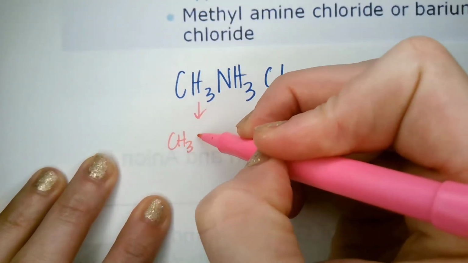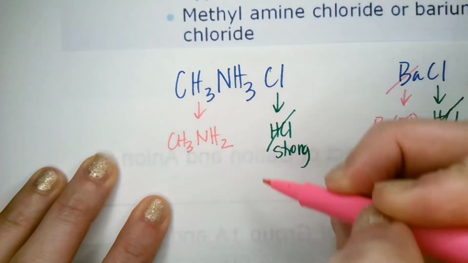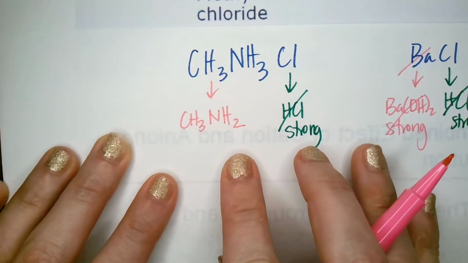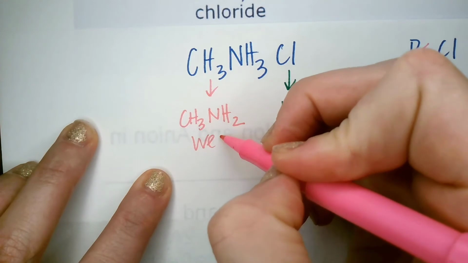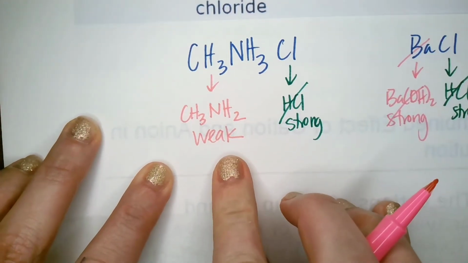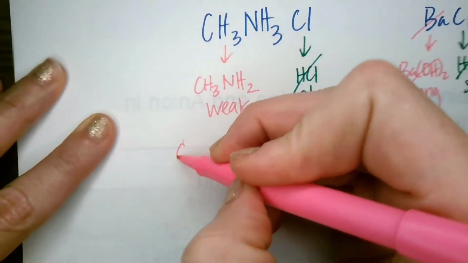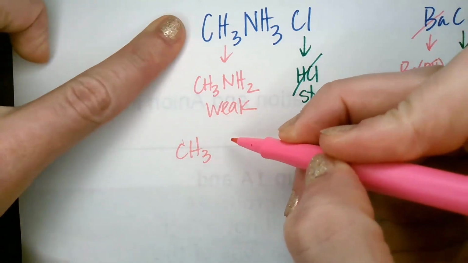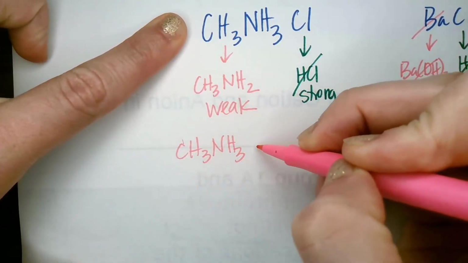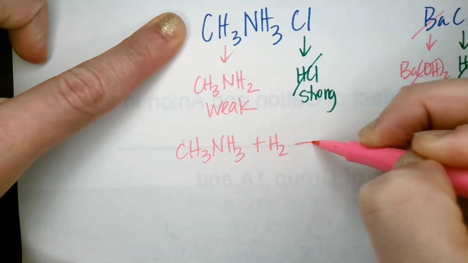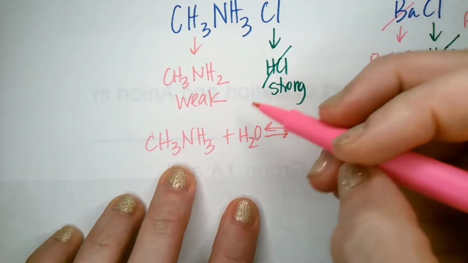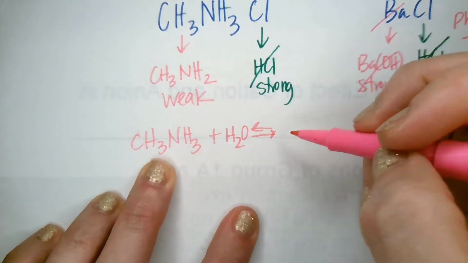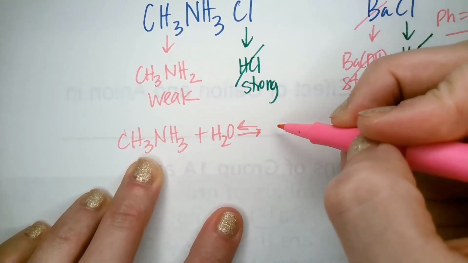Let's look at this one, CH3NH3+. Its parent base is going to be CH3NH2. Now this is weak. And let's look at the chemistry. What happens when CH3NH3+ goes through hydrolysis with H2O?